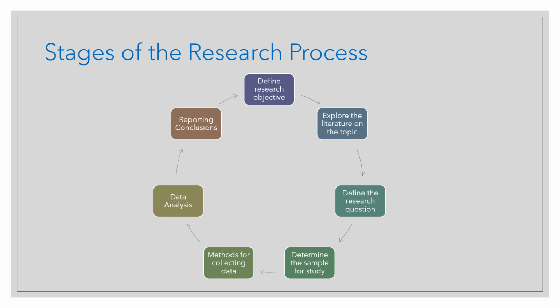So our research question will drive the design of our research, whether it's going to be exploratory, descriptive, or causal. If we find that there's no previous academic literature on the problem, we may decide that we have to do exploratory research because this is an area that very little is known about.